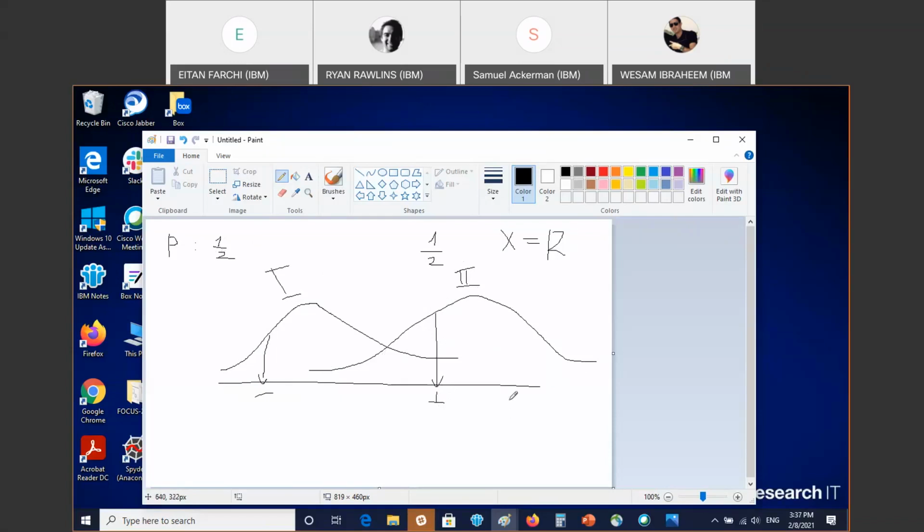Now, usually we don't know what the adversary is doing, but I'm telling you the secret. Can anyone tell me what would be the optimal classifier here, given that you know what the adversary is doing?